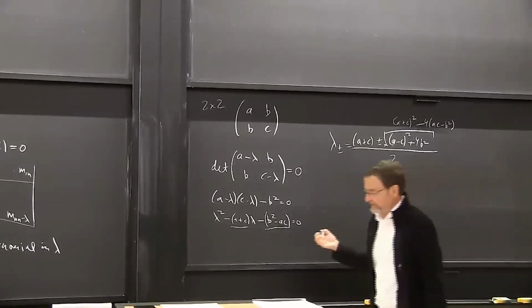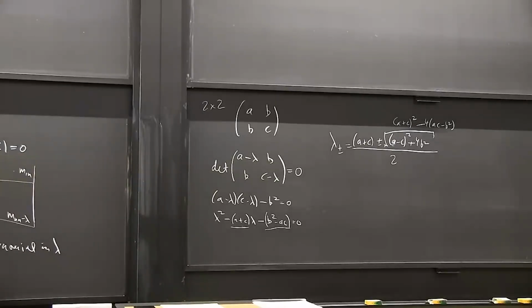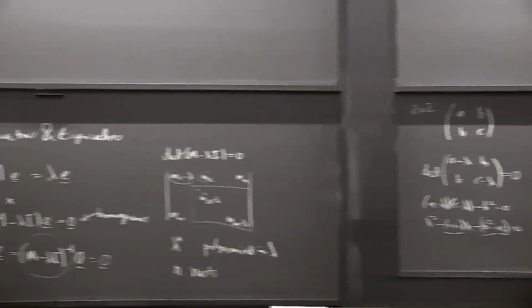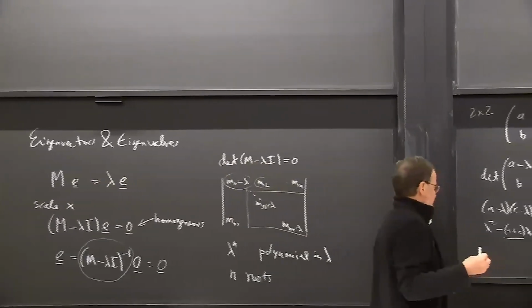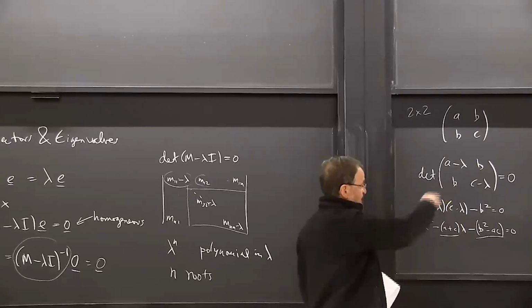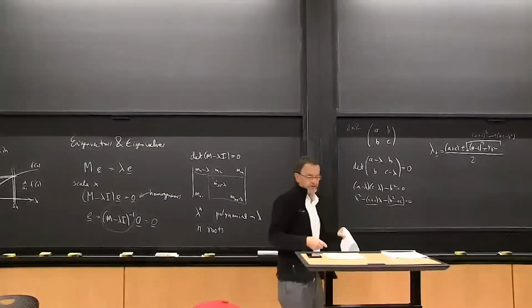So those are the eigenvalues. So there will be 2 vectors that have this property that when you multiply that matrix by the vector, you get a vector in the same direction. And their length will be changed by this quantity. That's how much they'll be magnified or demagnified.